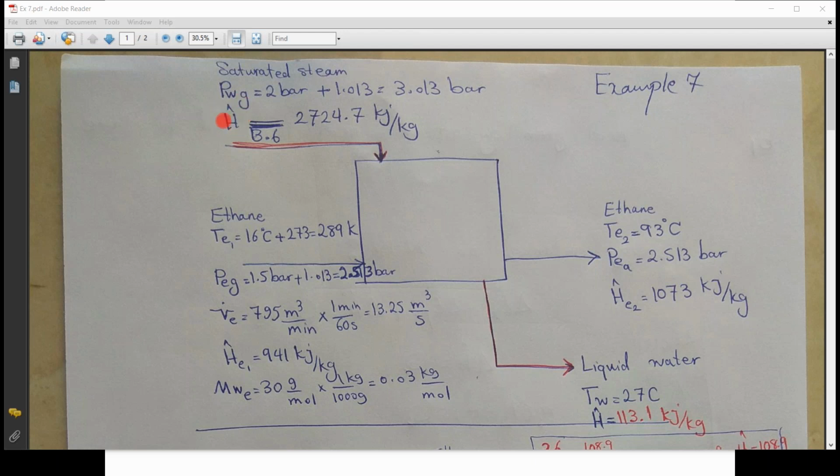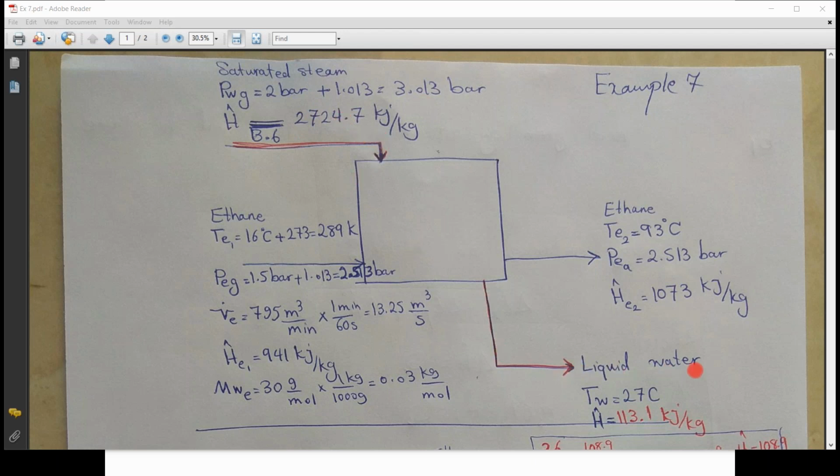I read a specific enthalpy from B6 based on this, actually 3, even if you consider 3 it is okay, assume it is 3 bar for saturated steam. That is what I read from the table, that you can pause the video and check inside the saturated steam table in B6, as I explained to you in the previous session.